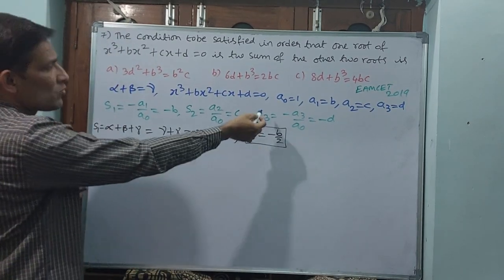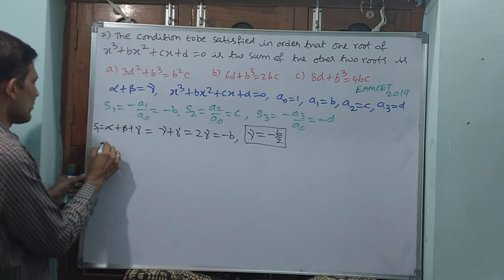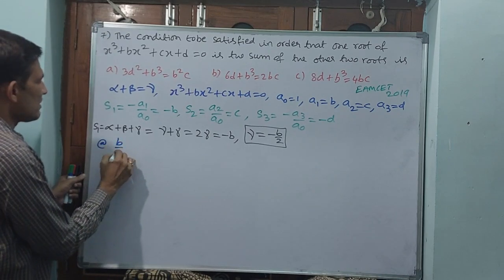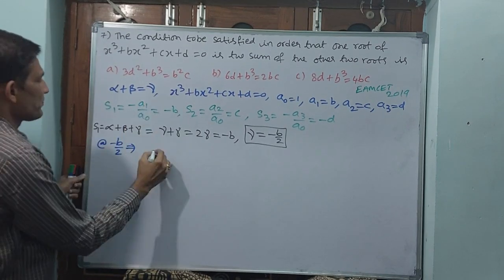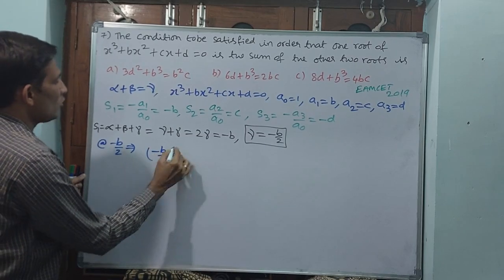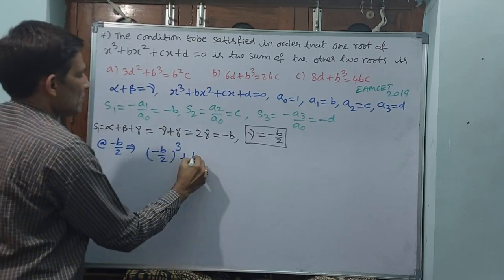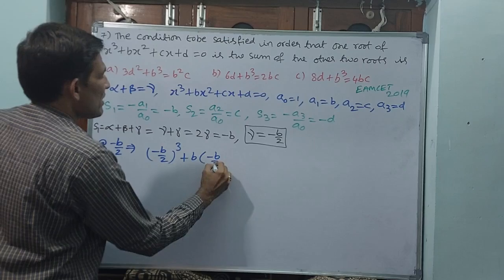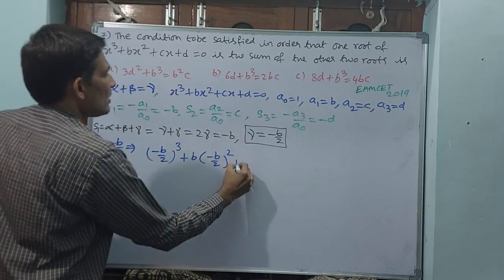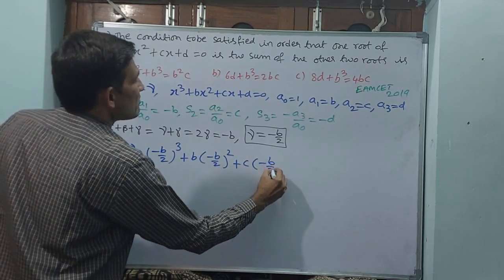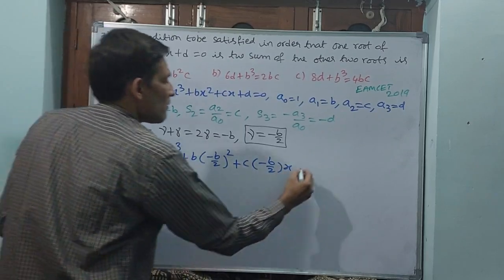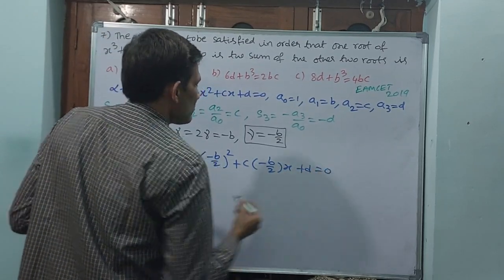See, I am substituting minus b by 2 in this equation. Minus b by 2 whole cube plus b times minus b by 2 whole square plus c times minus b by 2 plus d is equal to 0.